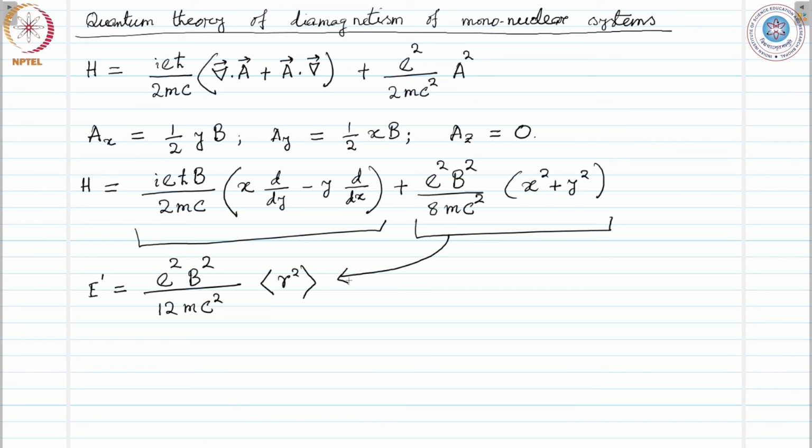And the associated magnetic moment is diamagnetic for this second term, where mu is given as minus the derivative of E prime with respect to B, which, if we work it out, is minus e squared r squared average over 6 m c squared times B, and this is in agreement with the classical result.